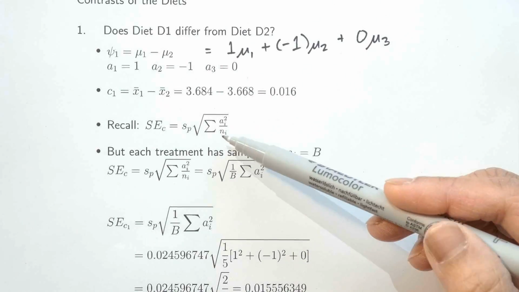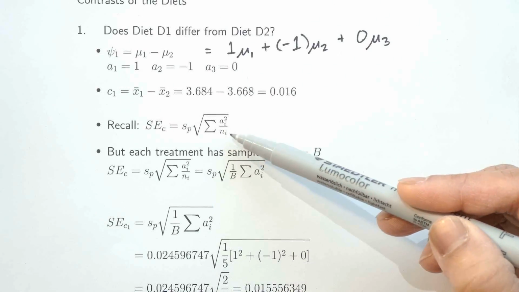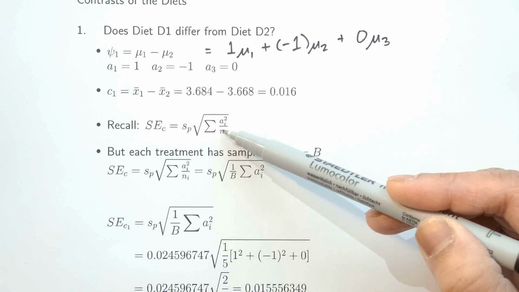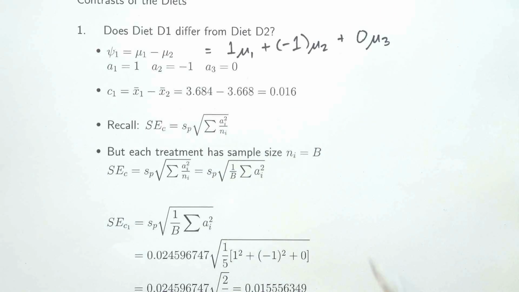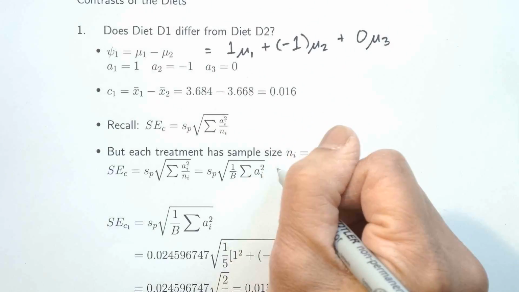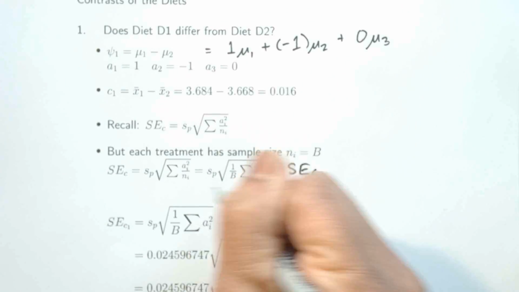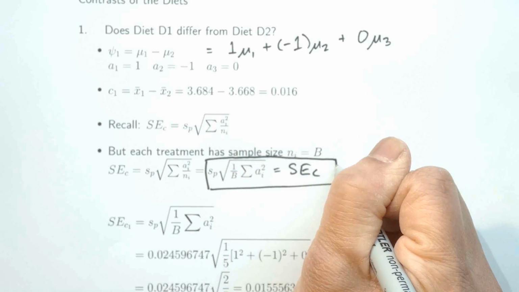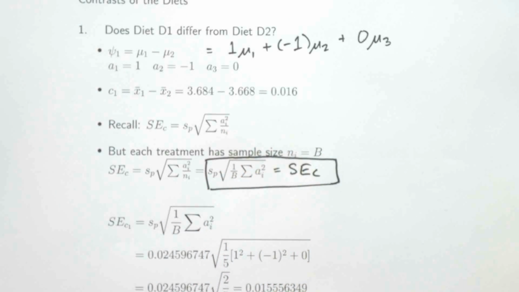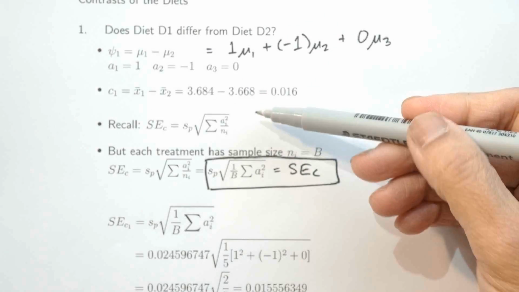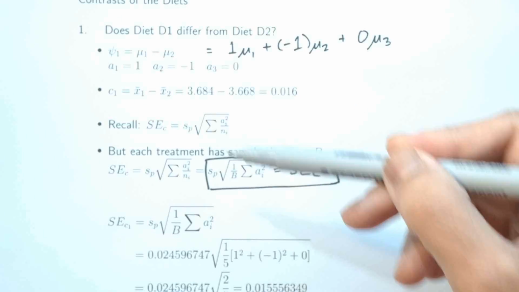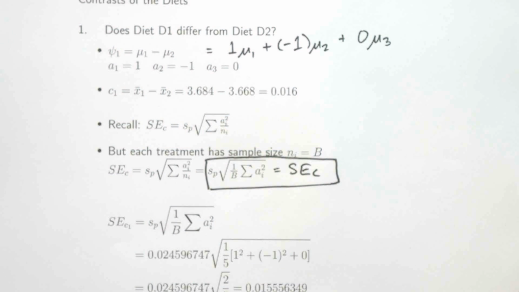So we can actually simplify this because the n_i is simply equal to b, and once it's a constant b, we can take it outside of the summation. So we're essentially left with s_p times the square root of 1 over b times the summation of the a_i squared. So it's a little bit simpler, although if you worked with this, it would have been the same. You just would have plugged in b each time for each term.